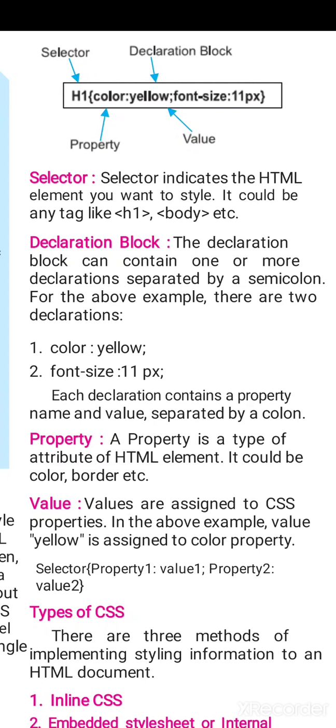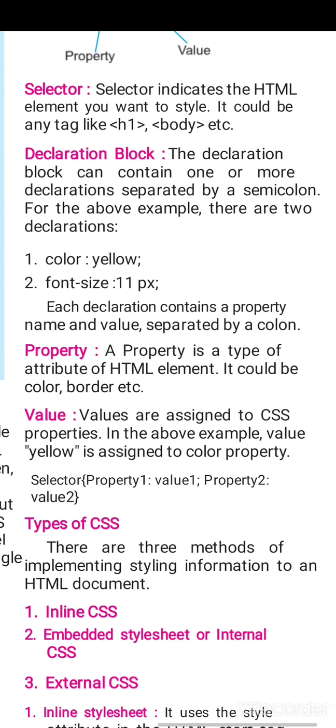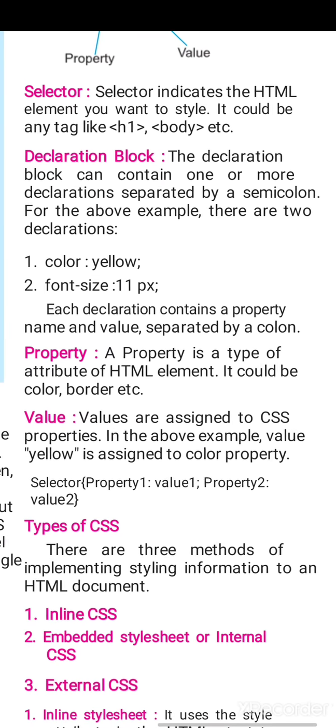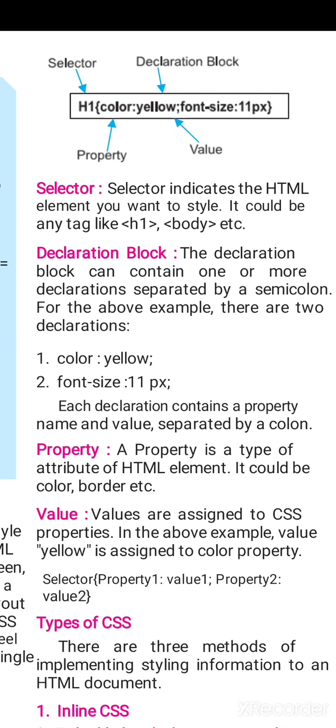Each declaration contains a property name and a value which are separated by a colon, while a property is a type of attribute of an HTML element. See here, we have seen the font tag separately, while such a font tag consists of the name of the font, size of the font, font color like this.